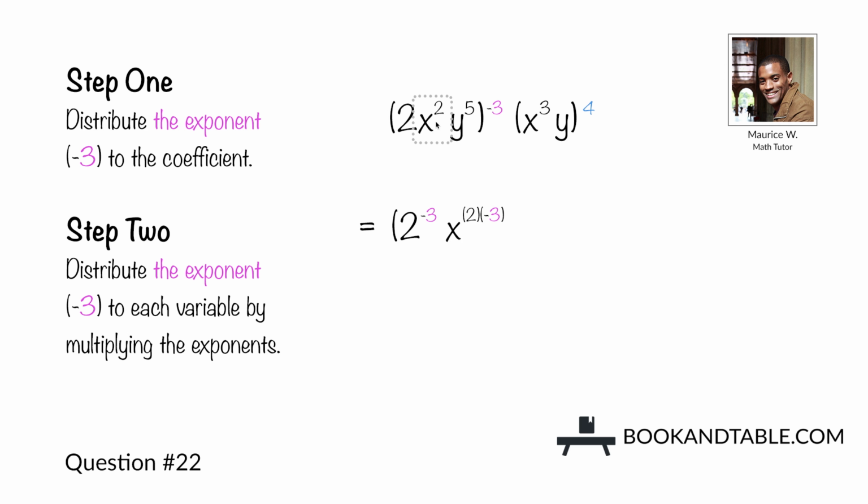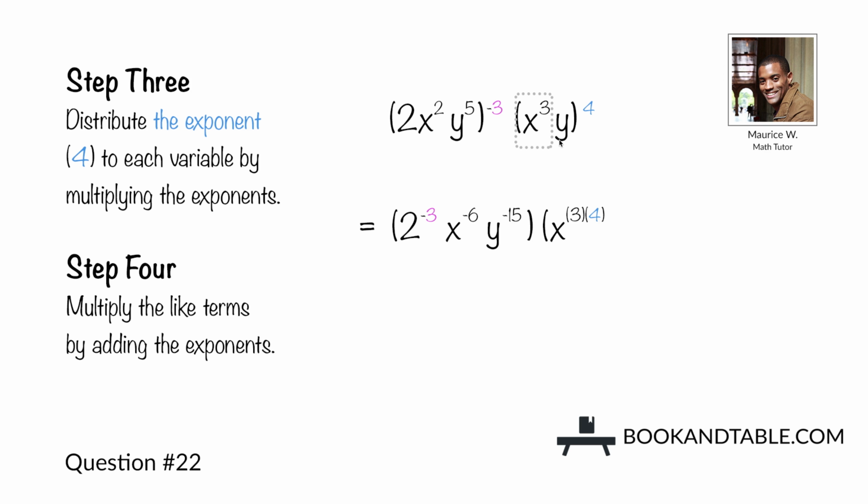So x to a power of 2 to a power of negative 3 will become x to a power of 2 times negative 3, which is negative 6. For y, we have y to a power of 5 to a power of negative 3. That becomes y to a power of 5 times negative 3, which is negative 15.